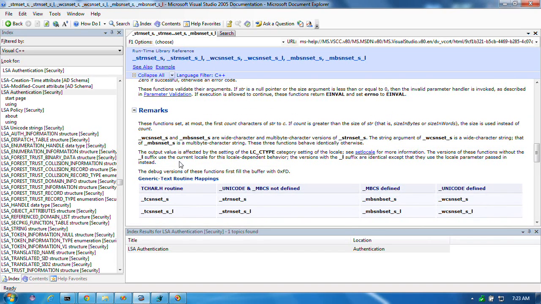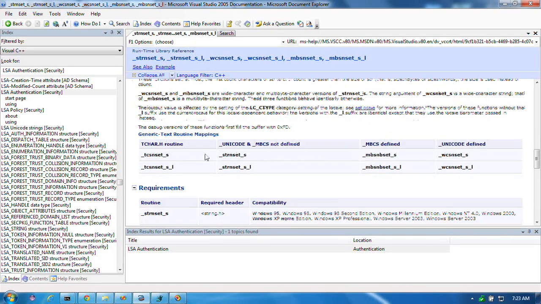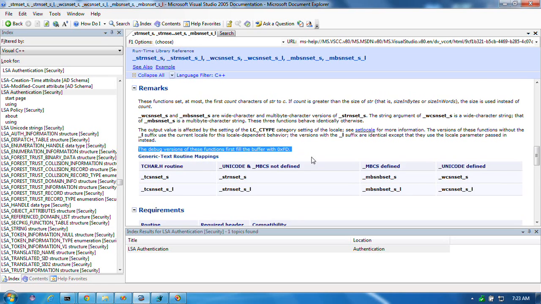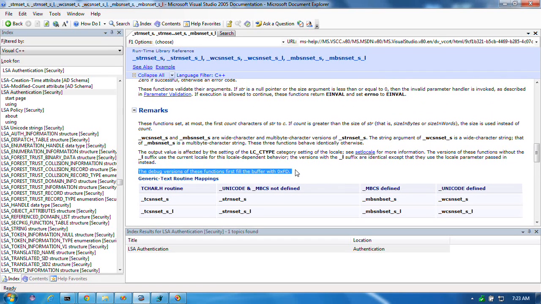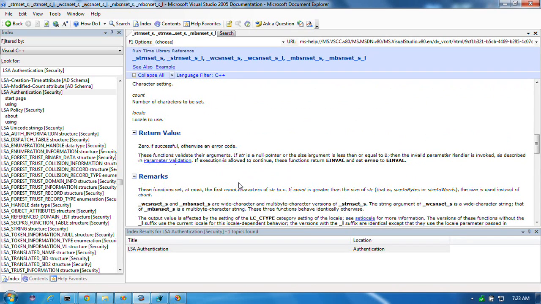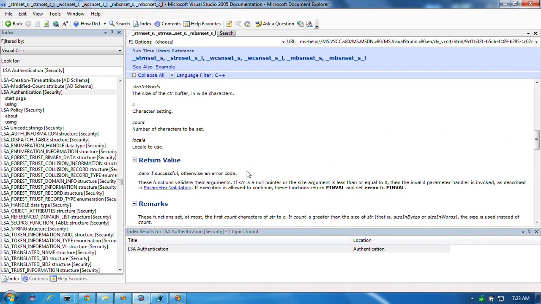If there's something anybody can see in here, let's see, debug versions fill with FD. Well, how would they have got those FDs in there? Maybe they only tested it under debug. I would like to know what the purpose of this function is.